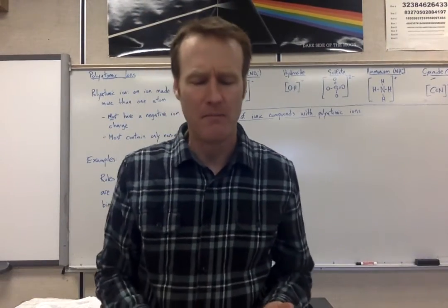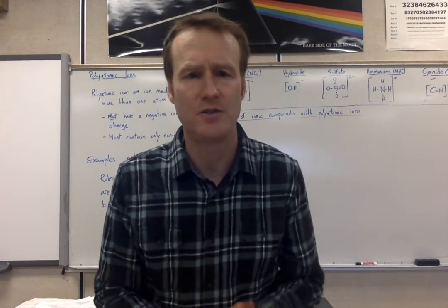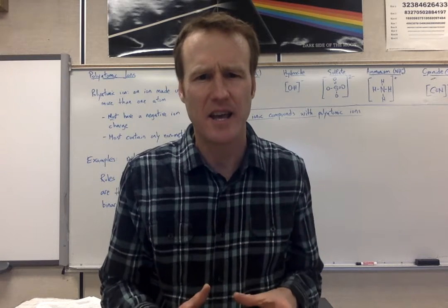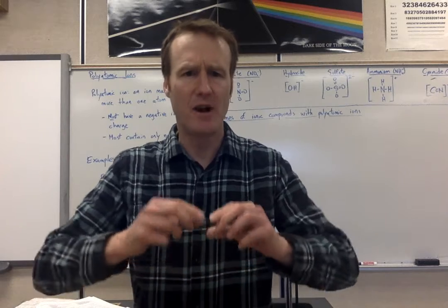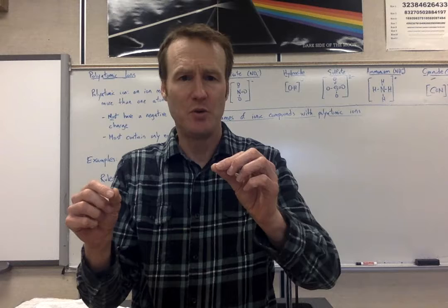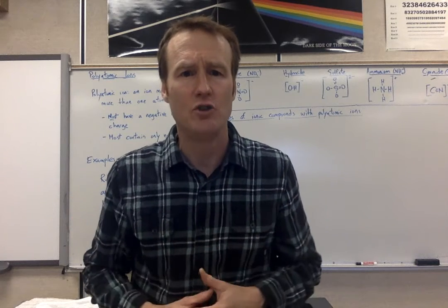Things to notice about those. Many of them have got more than two atoms in them. When that's the case, you have one atom that's kind of in the middle, and your other atoms are joined to it. That's the usual rule.